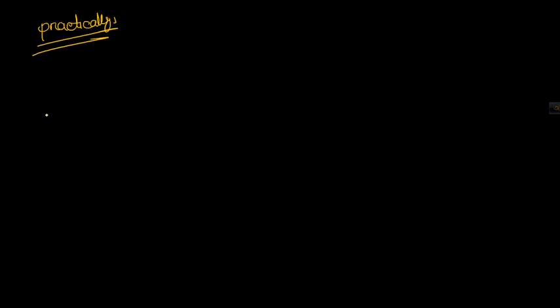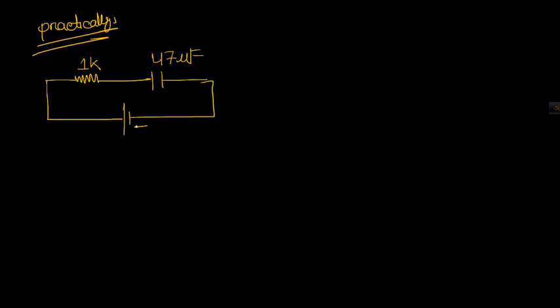Let's draw an RC circuit again. The resistance is 1K, the capacitance is 47 microfarad, and the voltage is, let's assume, 5 volt.